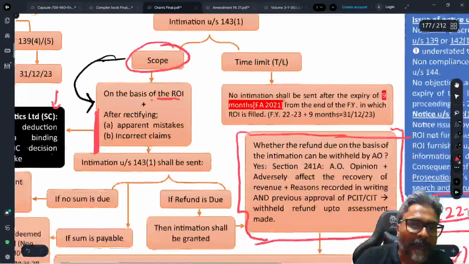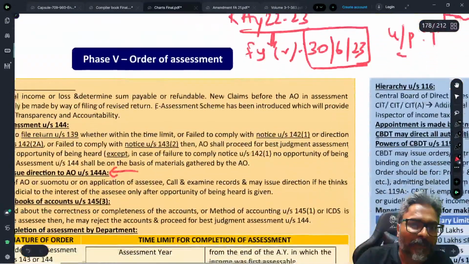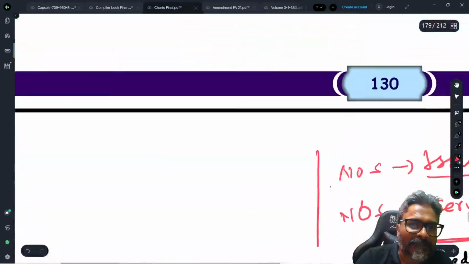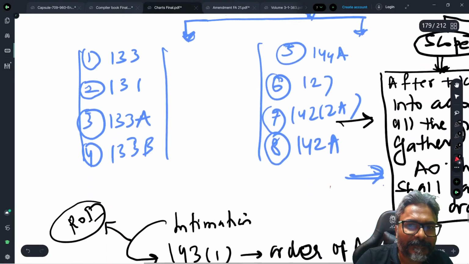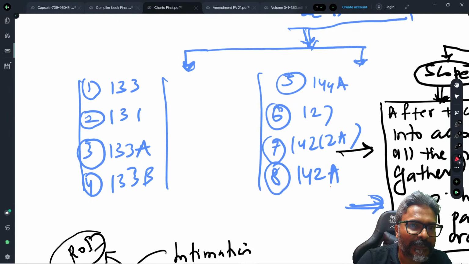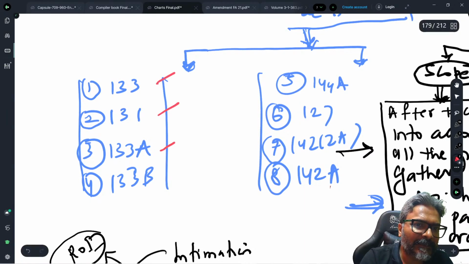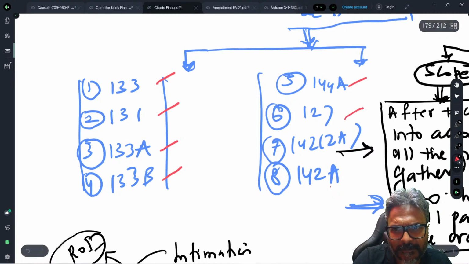The power of the Income Tax Authority, students, is all done and dusted successfully. Have a look: 133, 131, 133, 133B, 144A, 127, 142.